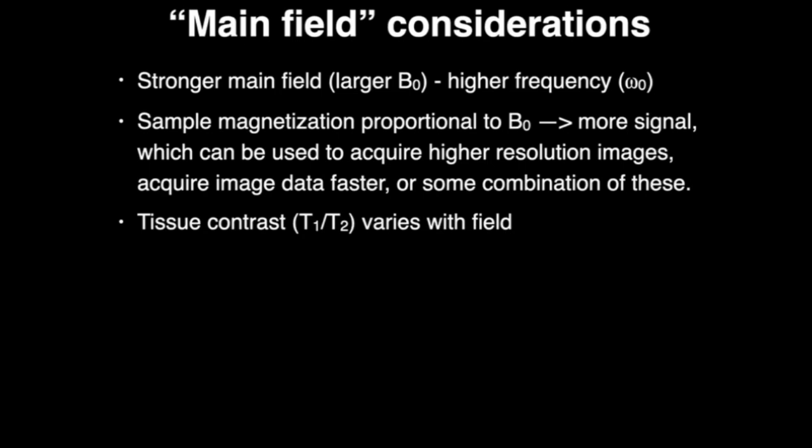That gives you more signal to work with. There's no other easy way to do that other than building a stronger magnet. So with this larger signal, you can choose to image faster, or you can choose to image at a higher resolution. It gives you another degree of flexibility. Also, with this change in the fields and how our quantum, or little microscopic, magnets interact, you will have differences in T1 and T2 properties as you change fields. That could be another thing that you exploit.